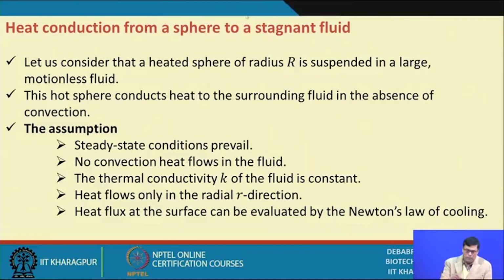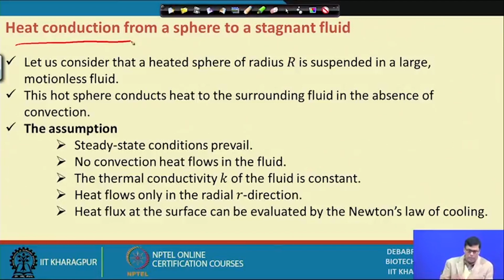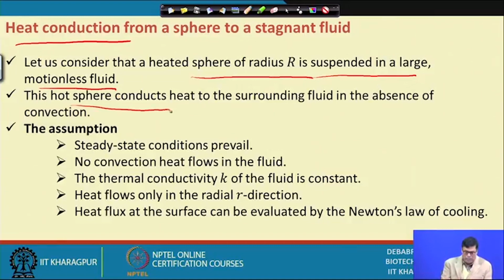Now, in the case of convection, heat conduction from a sphere to a stagnant fluid. Let us consider a heated sphere of radius R suspended in a large motionless fluid, and the hot sphere conducts heat to the surrounding fluid in the absence of convection.